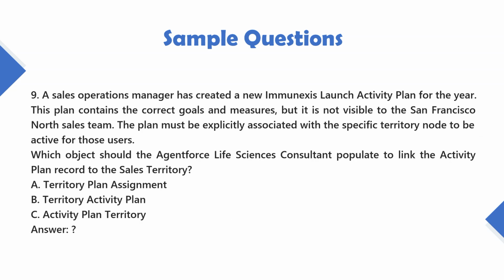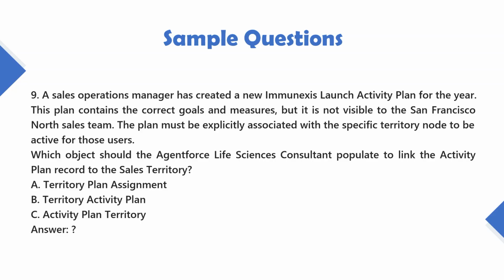9. A sales operations manager has created a new Immunexus launch activity plan for the year. This plan contains the correct goals and measures, but it is not visible to the San Francisco North sales team. The plan must be explicitly associated with the specific territory node to be active for those users.